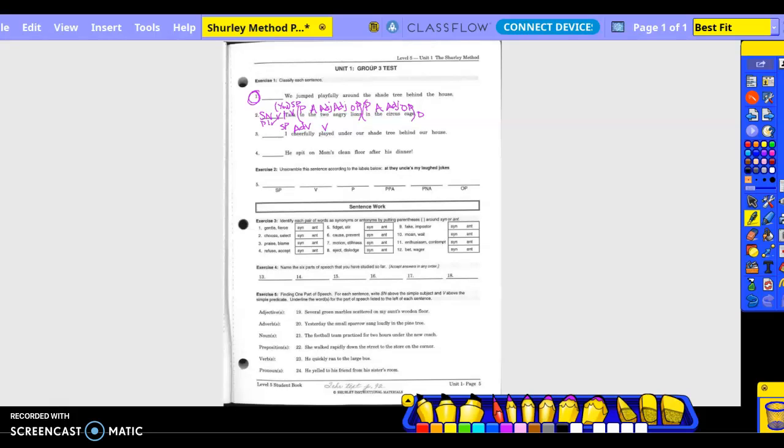Cheerfully, adverb. Under? Under what? What kind of tree? Whose tree? Possessive pronoun adjective. It's possessive noun adjective if there's an apostrophe s.